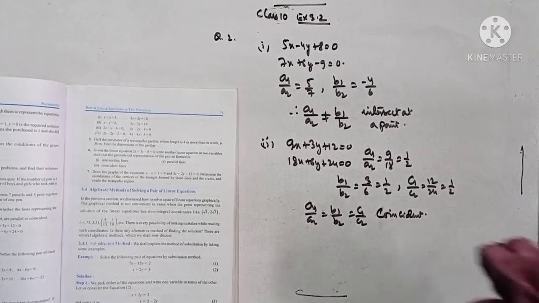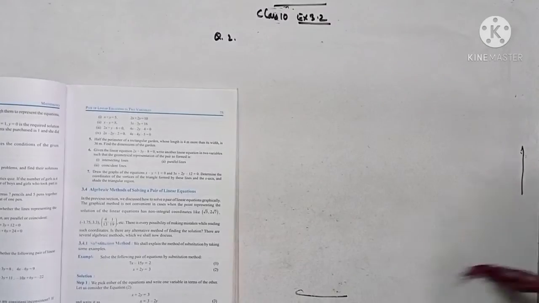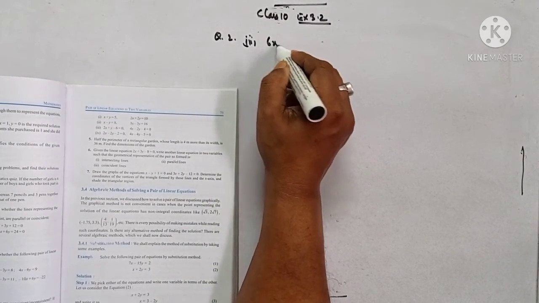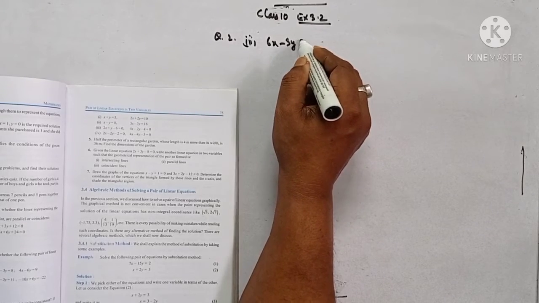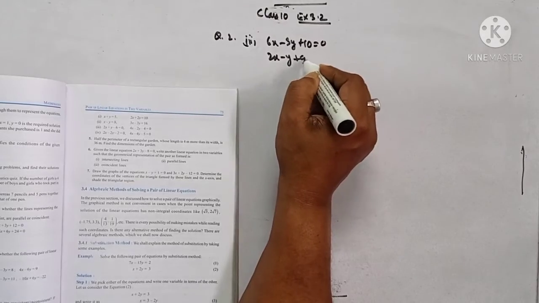Similarly, the next question: 6x minus 3y plus 10 equal to 0, and 2x minus y plus 9 equal to 0.